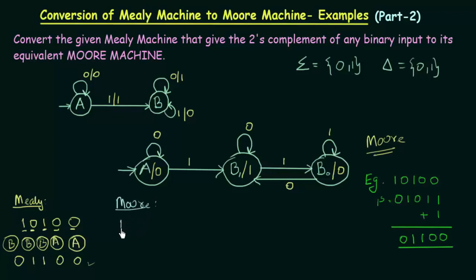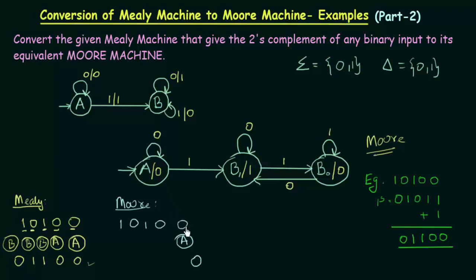The same input we pass, 1, 0, 1, 0, 0. In the same way, we start with the starting state, state A, and before we get any input, there is an output 0 associated with state A, so it gives this output 0.